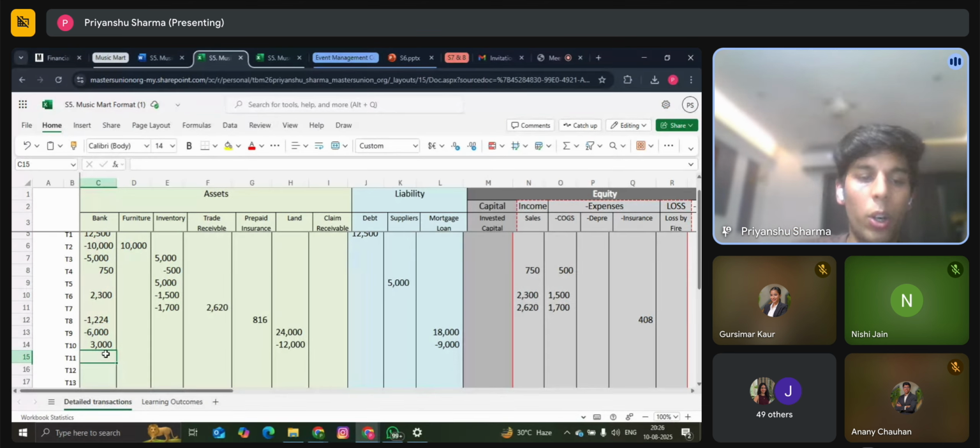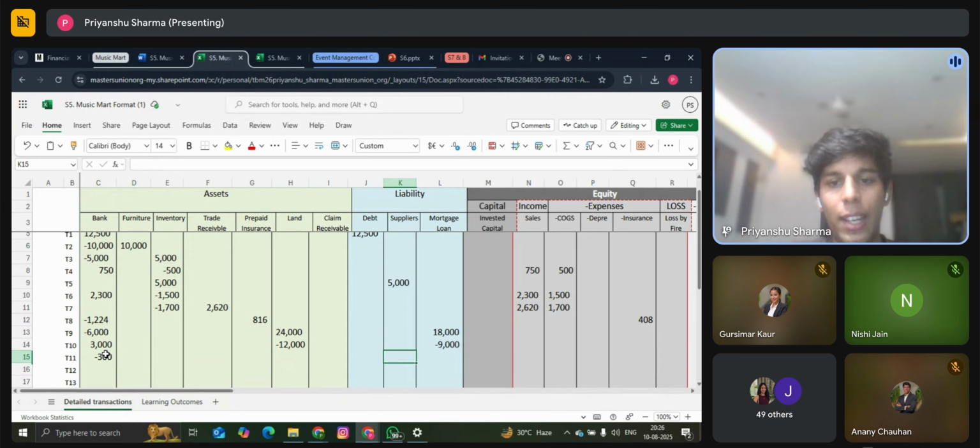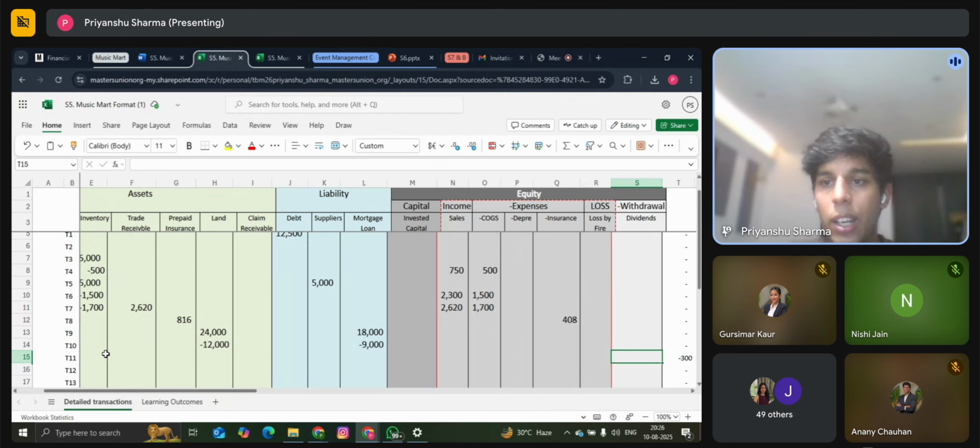Since it is a cash transaction, have a habit of recording cash first, so half of your entry is going to be sorted there anyways. So the founder has taken $300 outside of the company's bank. And since the founder has taken money outside of the business, it's definitely not going to come under the asset or liability side, but it will come under dividends.